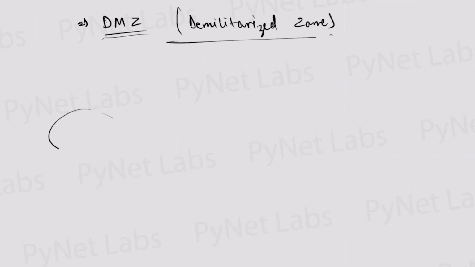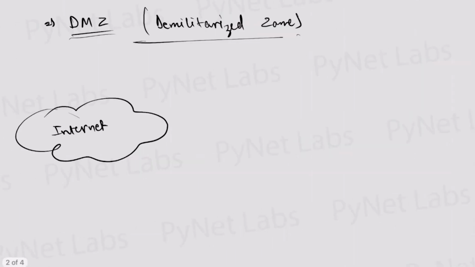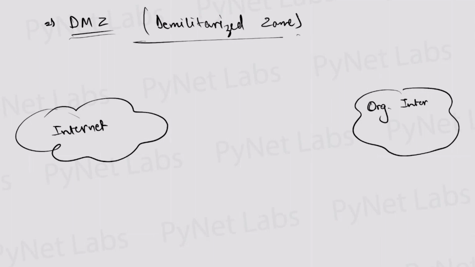We have the internet, and this is my organization's internal network. Then, along with this internal network, there are some web servers that I need to host over the internet.